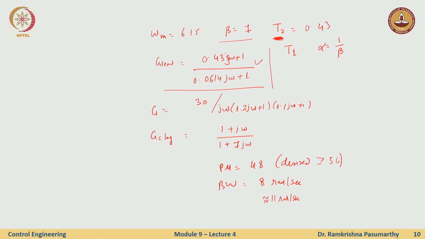And if you look at the design, what does it give me? Well, I am close to the desired phase margin, and I am close to the desired bandwidth of 12; here I am at 11. So what I could do is design the lead and lag components separately.